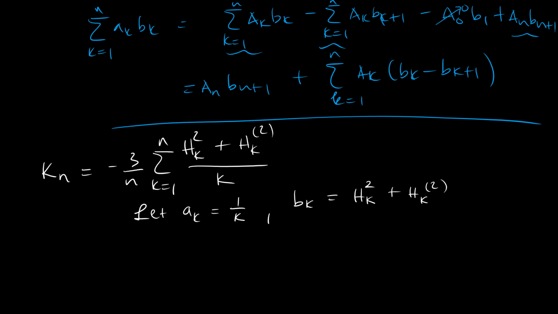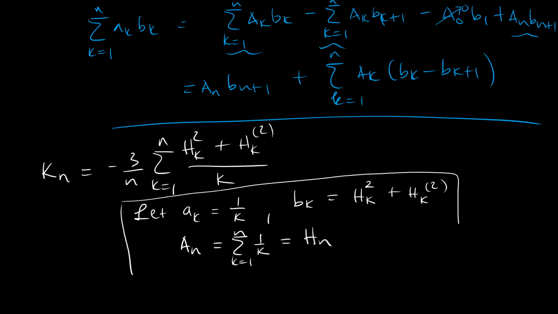So what that means is that A_n is equal to the summation from k equals 1 to n of 1 over k, which is equal to H_n. Okay, so this small exercise is important for us.